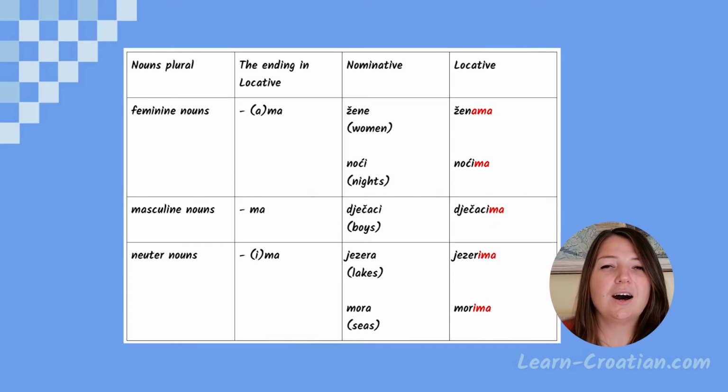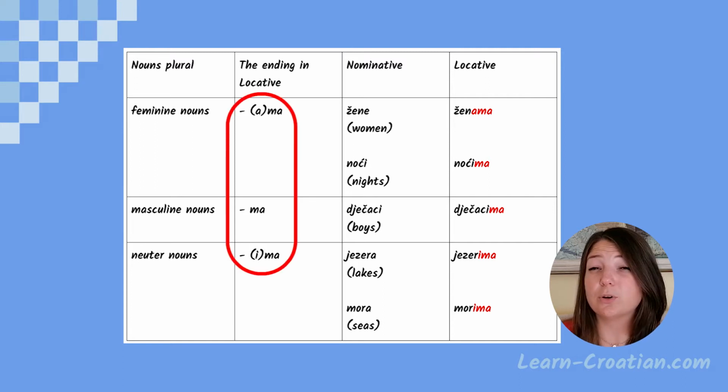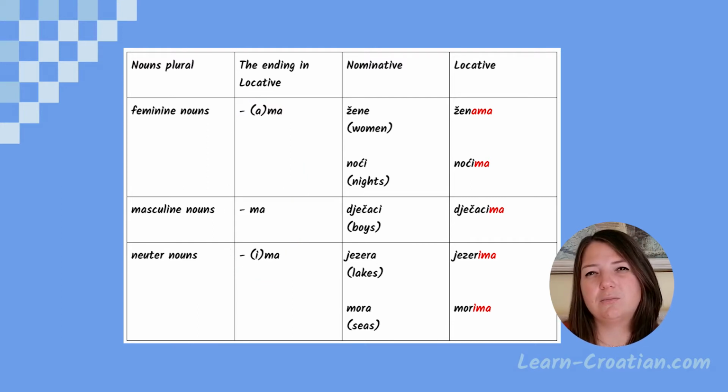Okay? What about the plural nouns? As you can see, the locative plural endings for all three genders are basically the same, ma. You just have to pay attention to what I told you earlier. If the noun ends on a vowel, you have to exchange that vowel for another.